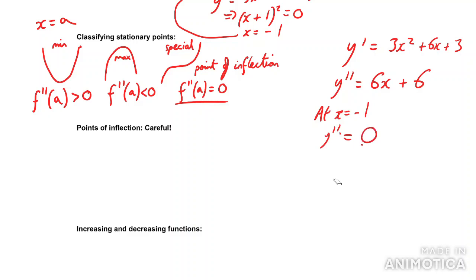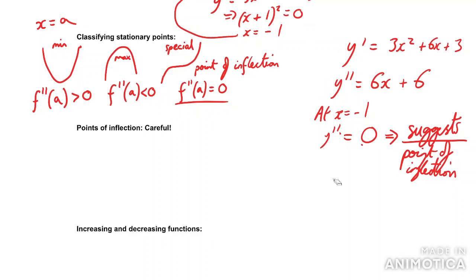Now, this is very important. This does not tell us it is a point of inflection. This suggests a point of inflection. And this is a very important distinction that is often overlooked. So what is a point of inflection?